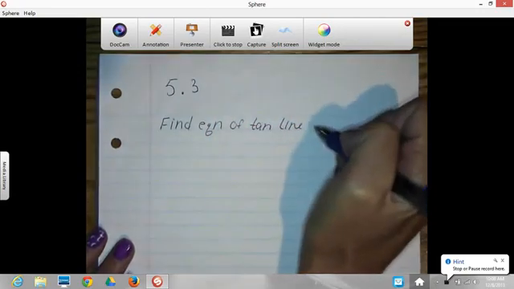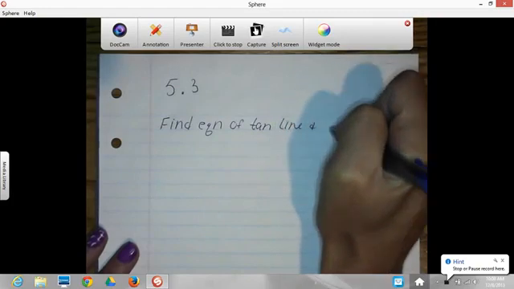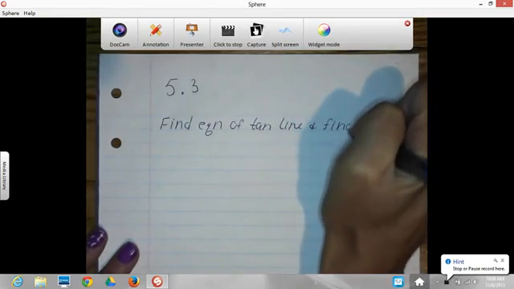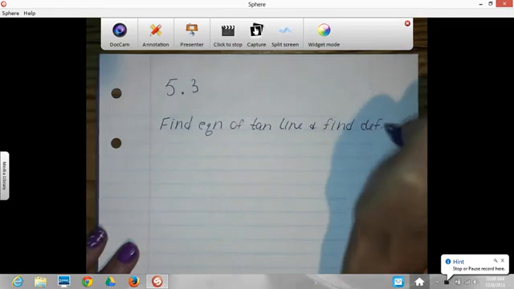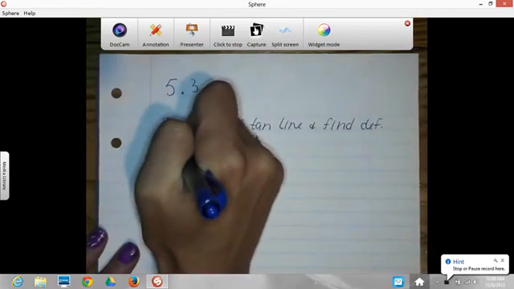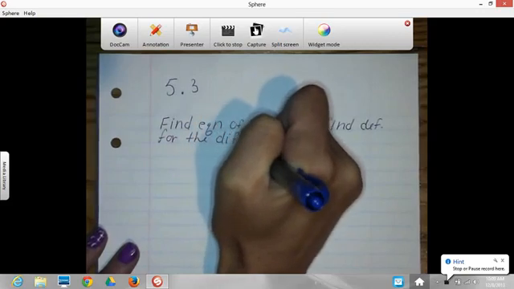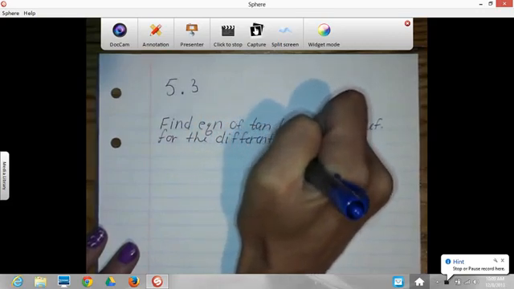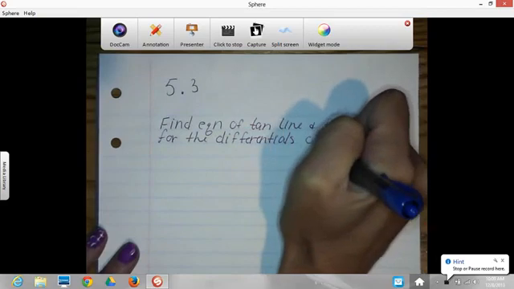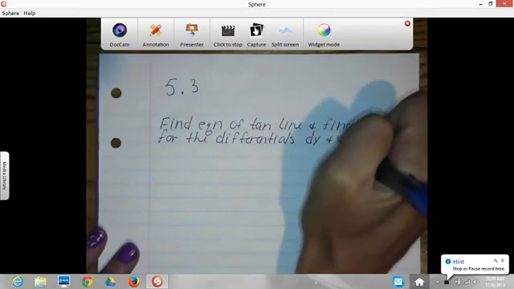And in the process, we're going to be finding definitions for the differentials dy and dx.